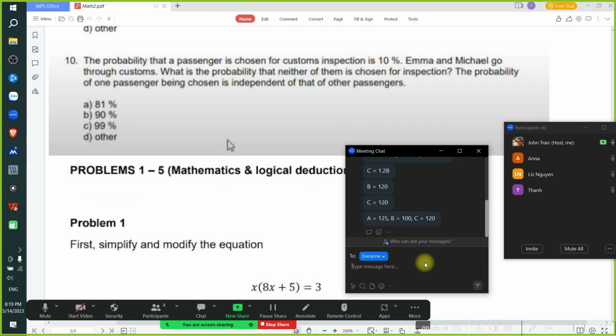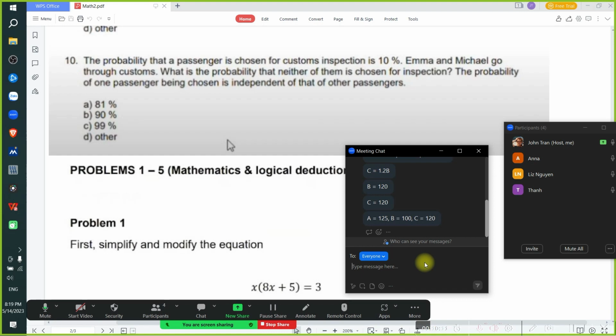Okay. The probability that a passenger is chosen for custom inspection is 10%. Emma and Michael go through custom. What is the probability that neither of them is chosen for inspection?